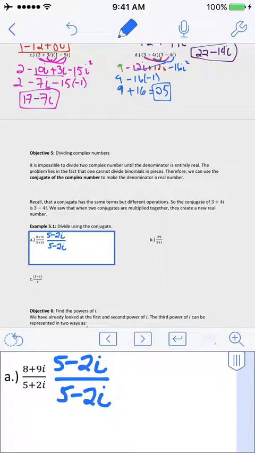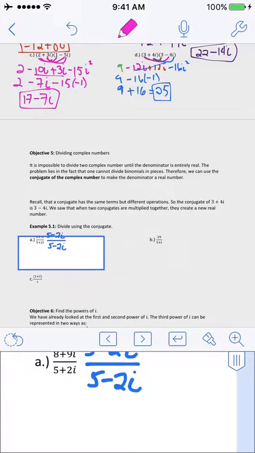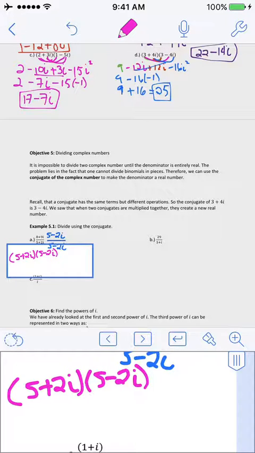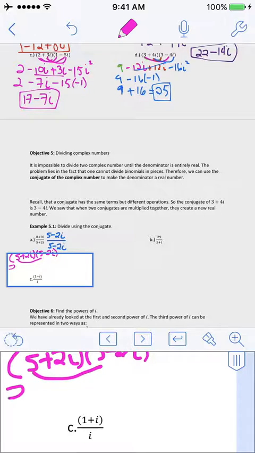Okay, I've got two different complex number situations going on here. So I'm going to start with 5 plus 2i times 5 minus 2i. I'm going to start with the denominator to prove to you that the conjugates end up being a real number. Let's multiply those. You get 25, plus 10i minus 10i.